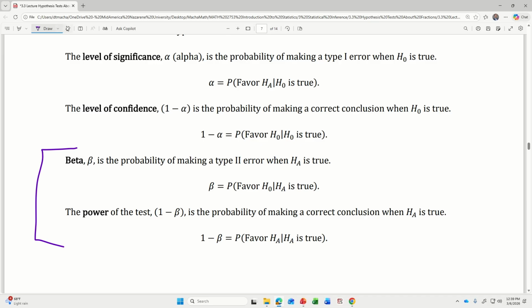So ideally, you want your level of confidence to be high, and you want the power of your test to be high, while you want the level of significance to be low, and you want this beta probability to be low as well. But you can't have it both ways. It turns out that there are trade-offs depending on where you set that threshold.